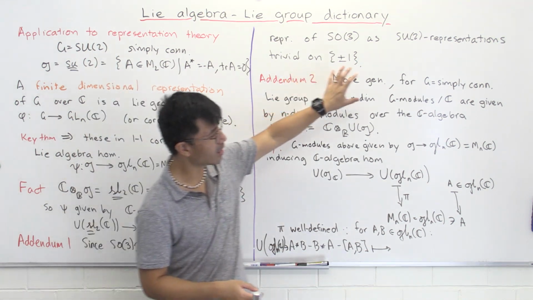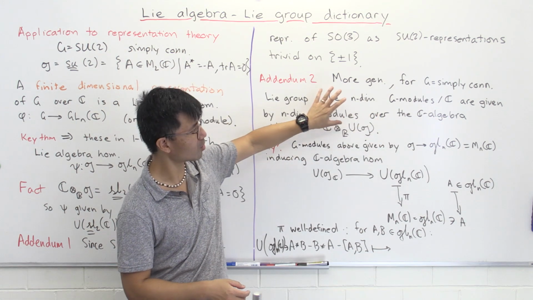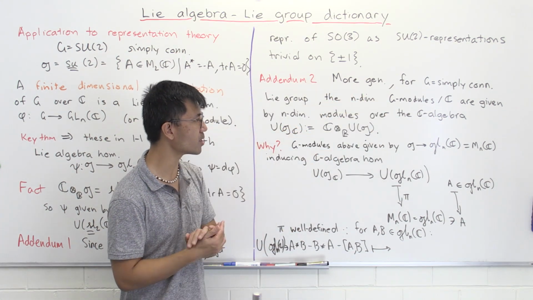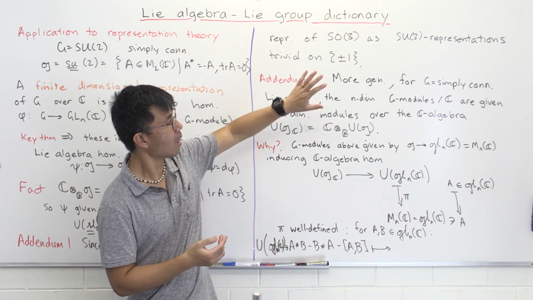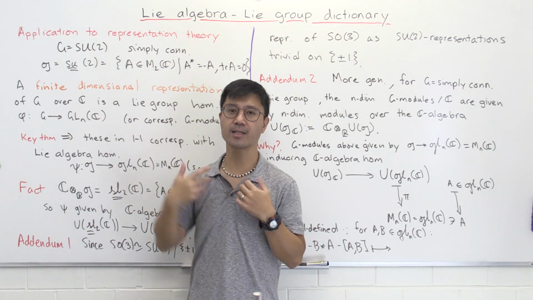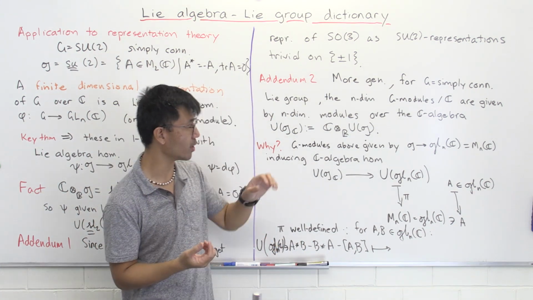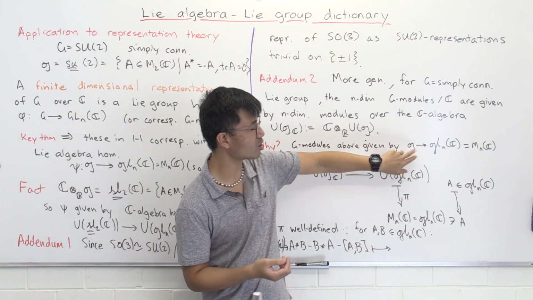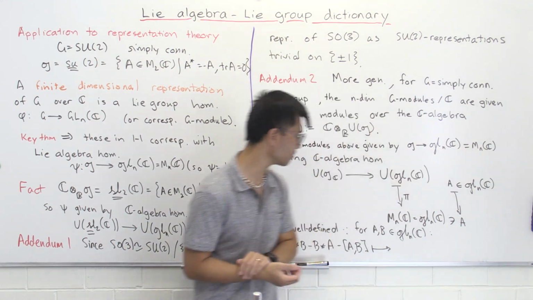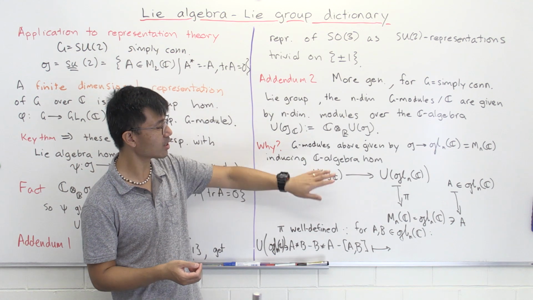So let me kind of indicate why this is true. I won't give you the complete reason, but the main gist of the idea of what's going on is the following. Okay, so you're looking at homomorphisms like this. And that's given by the Lie algebra ones. Okay, so Lie algebra maps from G to GLNC, which I remind you is n by n matrices in C. And these you can lift.